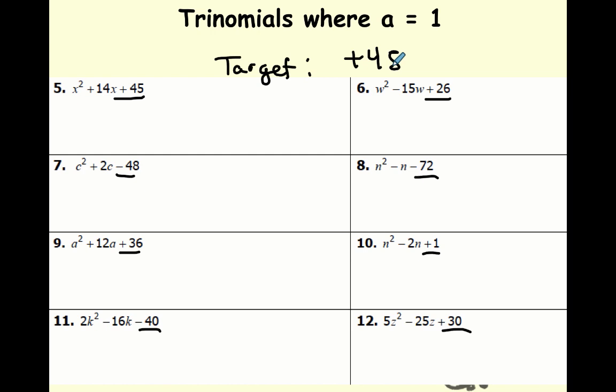Now, two things you need to know about a positive product. It can either be gotten by multiplying a positive number times a positive number, or a negative number times a negative number. Another thing to know about trinomials that factor, they're always going to multiply as two binomials. Okay, now the other thing is, this is my target product.